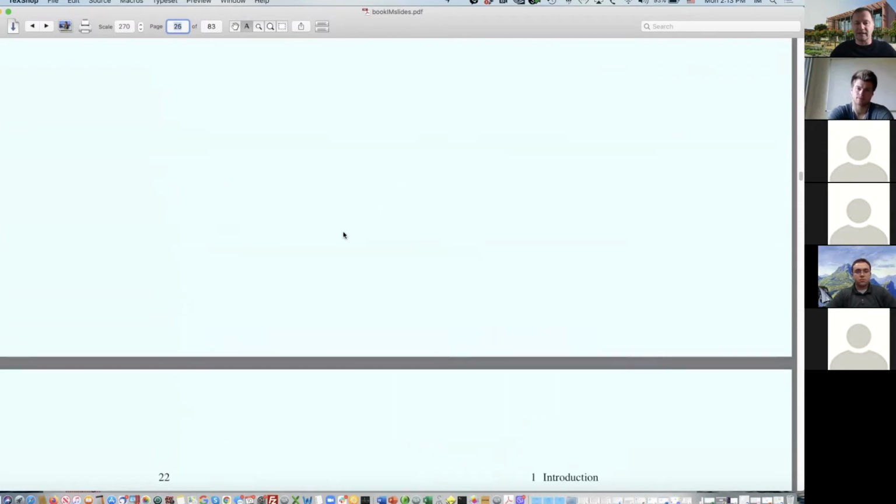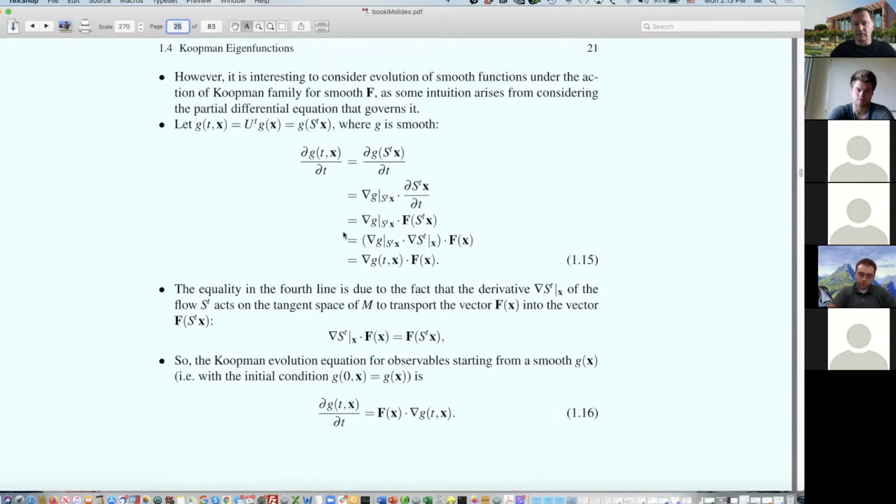And then we finished last time by talking about a couple of things. We took this function g, that is a function of two arguments, time t, and then a point in state space.